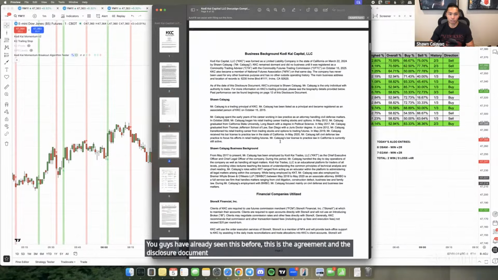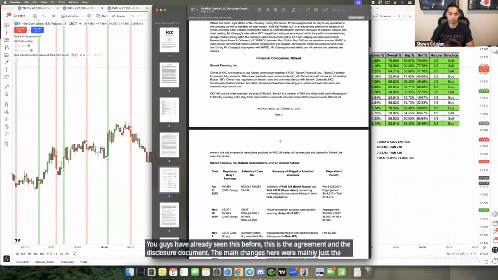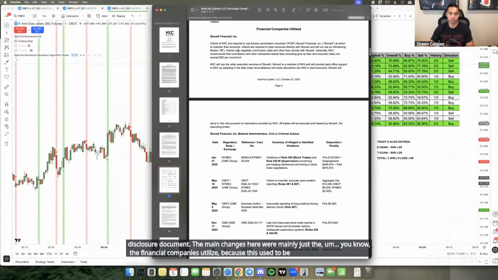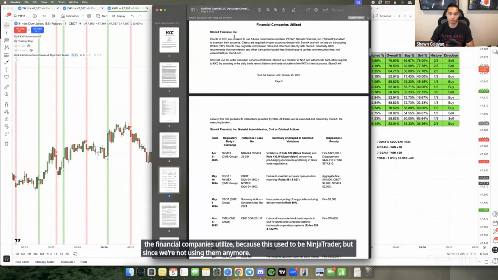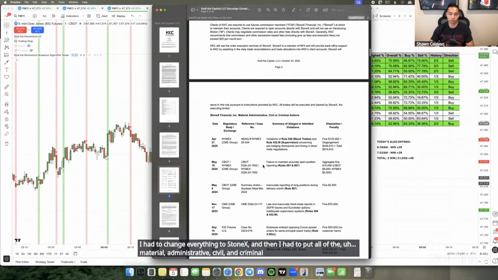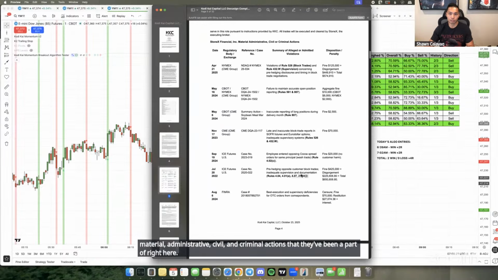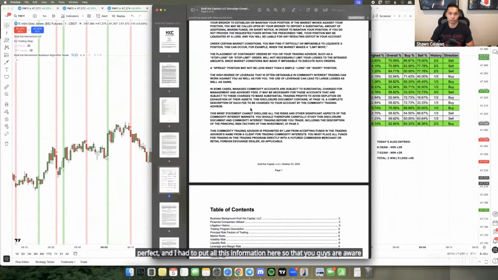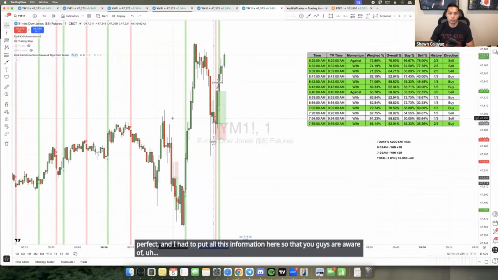The main changes were the financial companies utilized, because this used to be NinjaTrader, but since we're not using them anymore, I had to change everything to StoneX. Then I had to put all of the material, administrative, civil, and criminal actions they've been a part of right here. Obviously, not all brokers are going to be perfect, and I put all this information here so that you guys are aware of anything that has happened in the past with that specific broker.